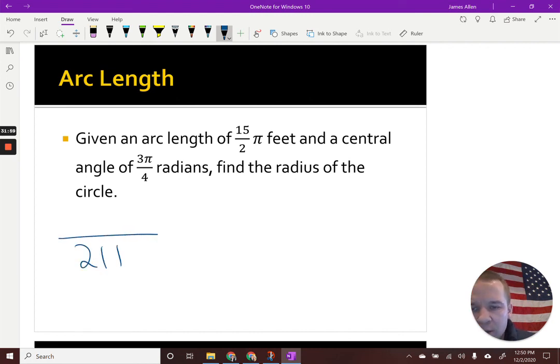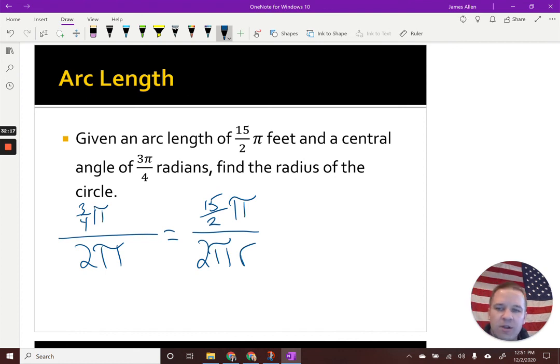But if I plug this into my proportion with 2 pi over here, my circumference is 2 pi r, right? And we have an arc length, which would go over here, 15 over 2 pi. And this is going to be 3 pi over 4. I'll go like this to match the other one.